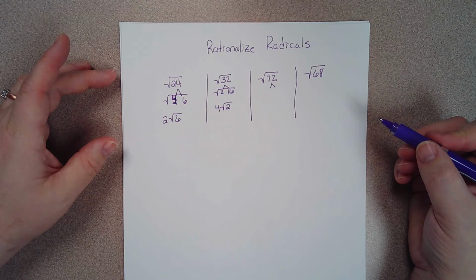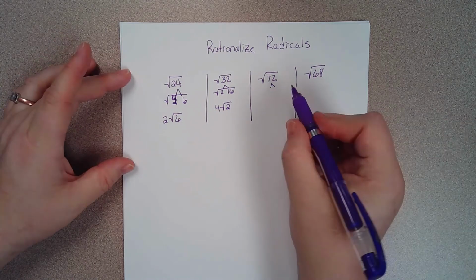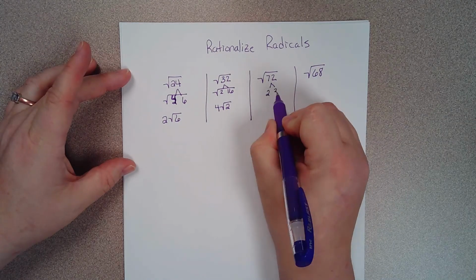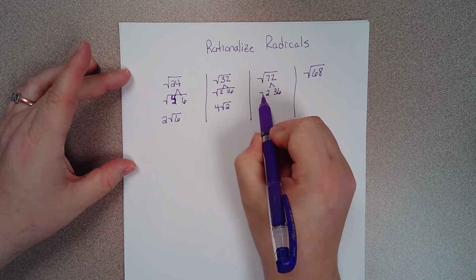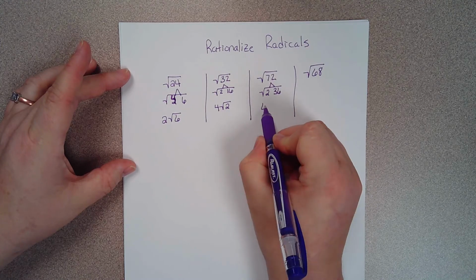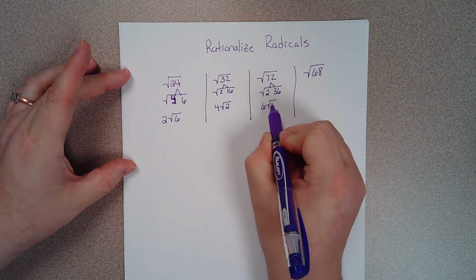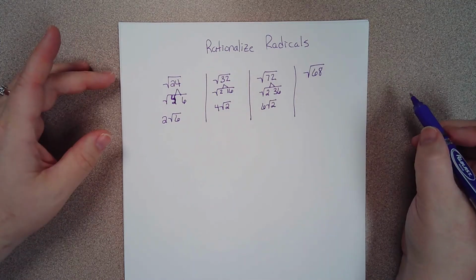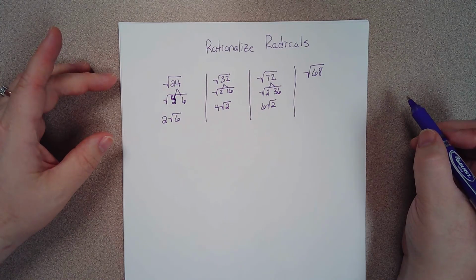So let's take a step back and see if there's another way to break this down. Another way to break down 72 is 2 and 36. So the square root of 2 times 36, 36 is a perfect square, so I have 6 square root 2. So that's how you would handle the 72. That is the most exact answer with the max amount of numbers coming out.